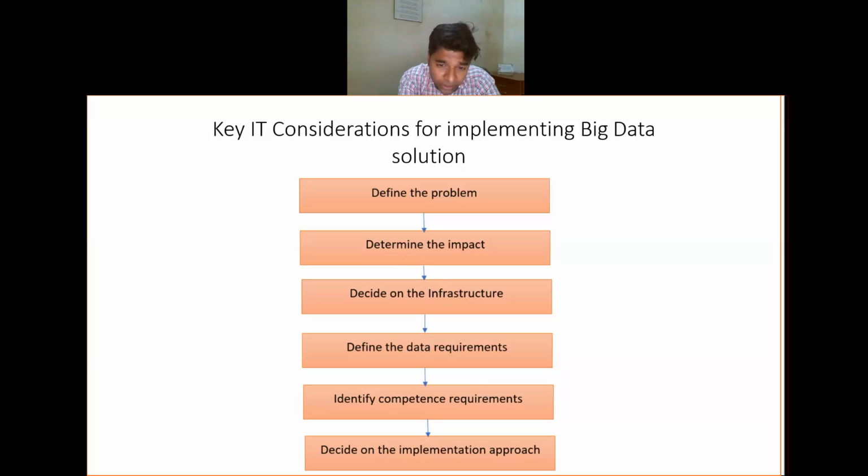Then, after defining the problem and determining the impact, we have to decide on the infrastructure.